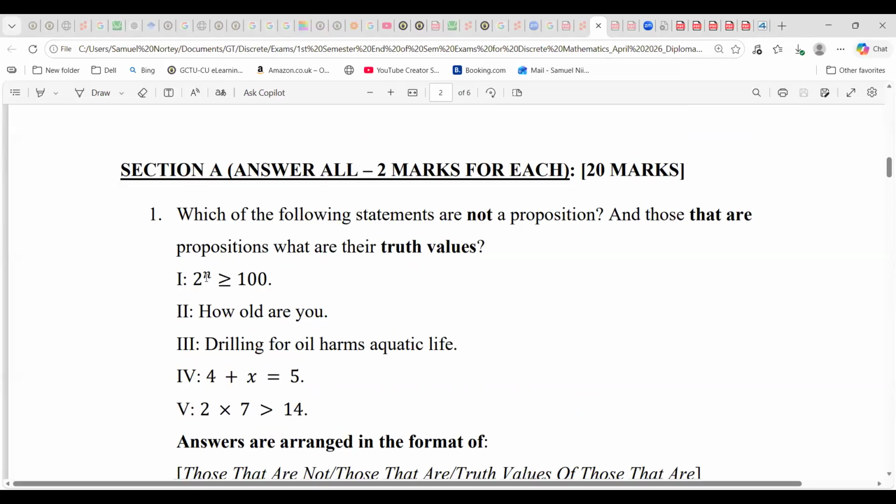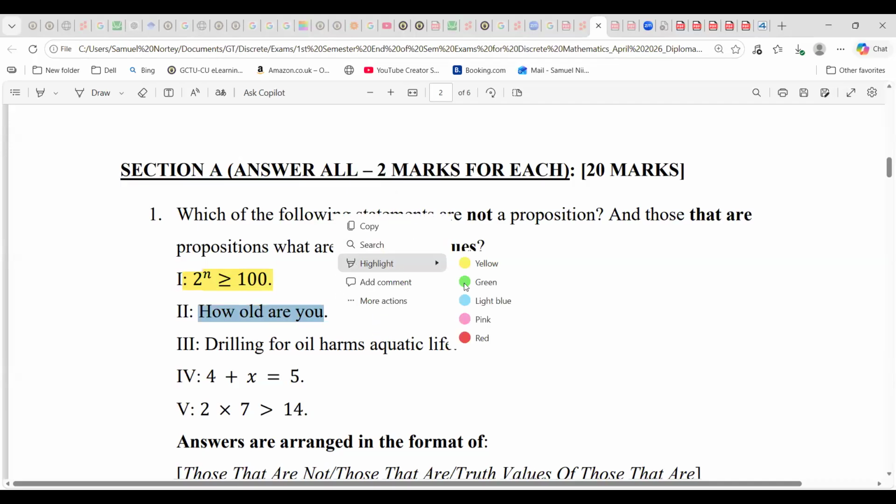So, 2 raised to the power n is greater than or equal to 100. Is this a proposition based on what we've done so far? No, not a proposition. Now, how old are you? Not a proposition.